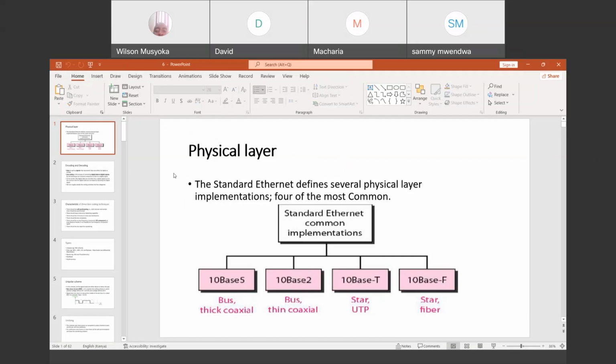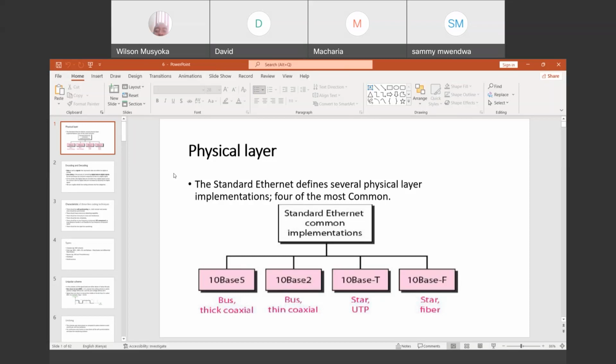Ethernet is a protocol representation which is a combination of many other protocols. As data is moving, that is a lecture I will share later on the OSI model. As the data is moving from the application layer through the presentation layer, the session layer, the network layer up to the physical layer, there is what we call encapsulation, or data that is added into the main data which is being communicated.